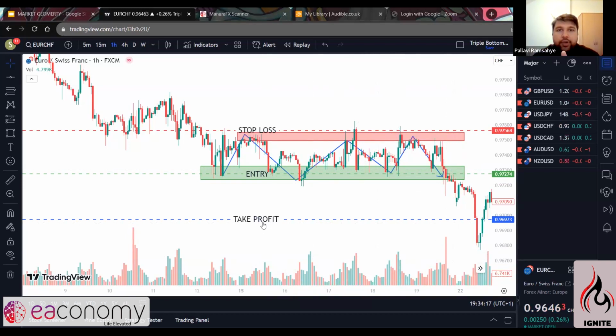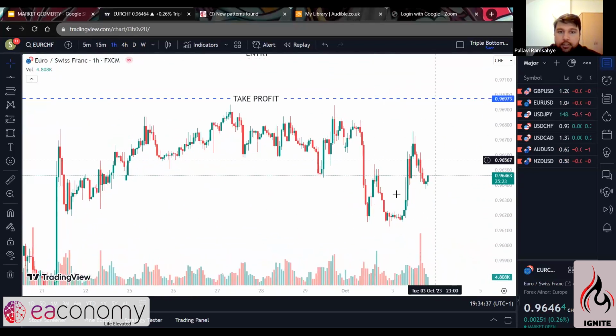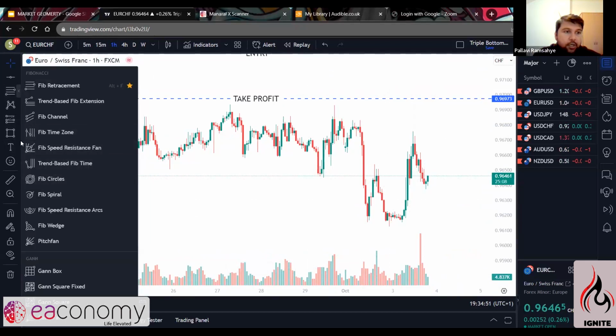With regards to the history of price action, I wouldn't go far back to look for patterns. Let's go to today's price. You want to be looking for it while price is forming. Let's say, for example, this was the first high for the triple top.